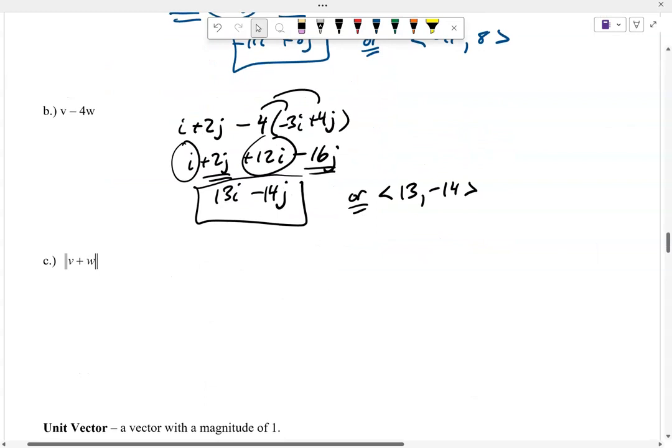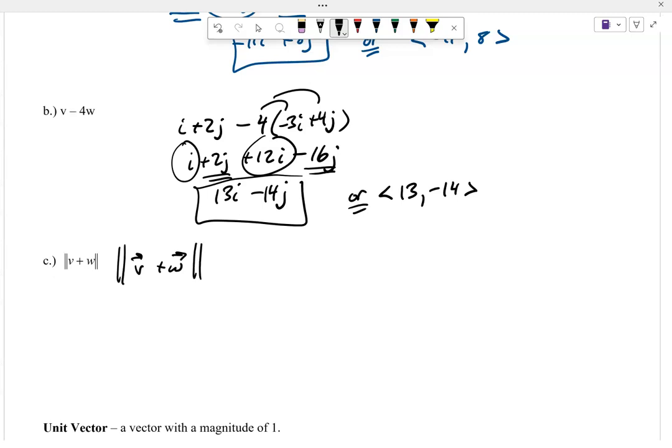All right, how about the magnitude of v plus w? So first we're going to find v plus w, right? What is v plus w? And then we'll address the magnitude of that.